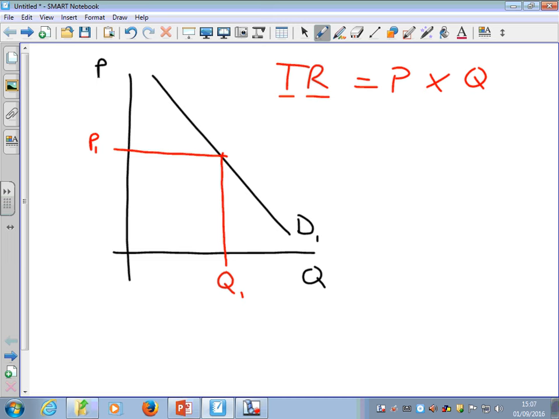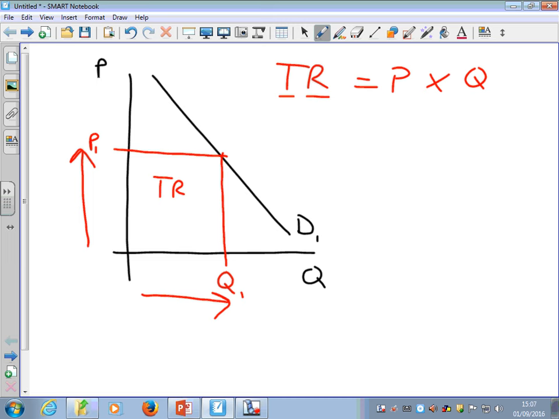Remember, total revenue is equal to the price multiplied by how many you sell. And if you remember your maths at GCSE, if you multiply the two sides of a square together, then what you get is the total revenue. Okay, so this box here that I've now got shows me the revenue that we earn at that particular price level.